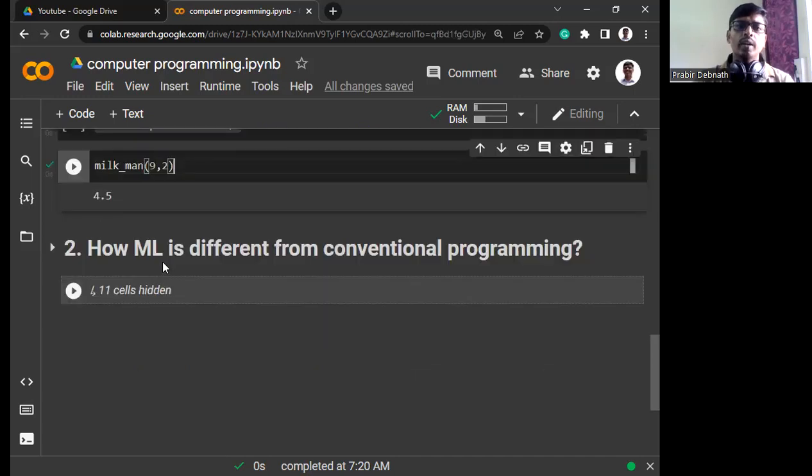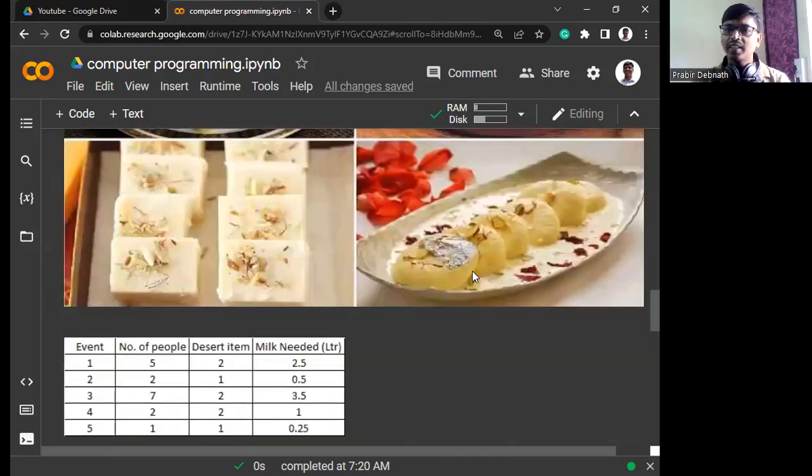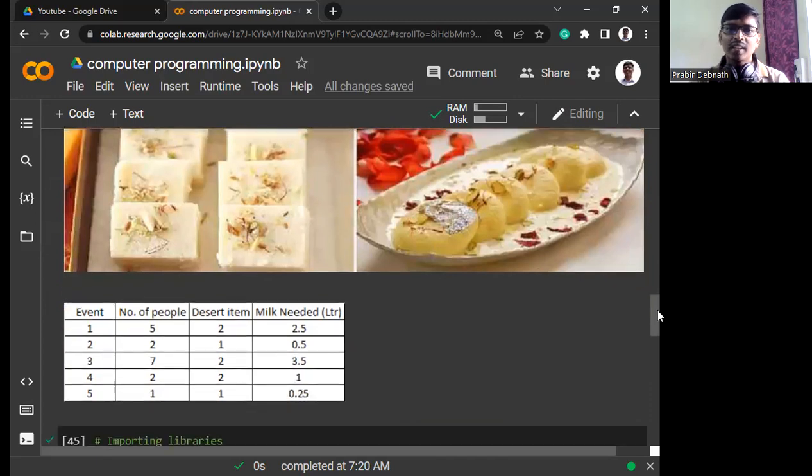Now let us understand how ML is different from conventional programming. Now we can find there are sweet dessert items, and okay, it makes us hungry.